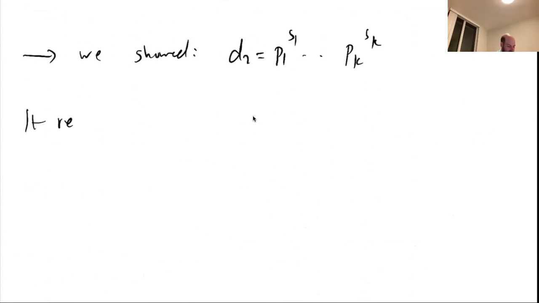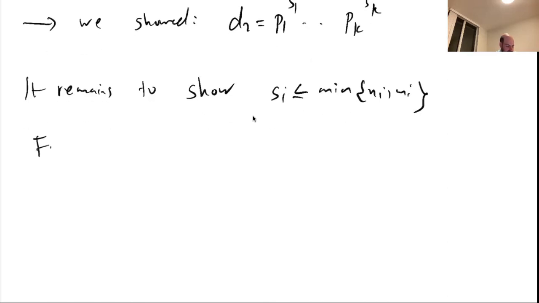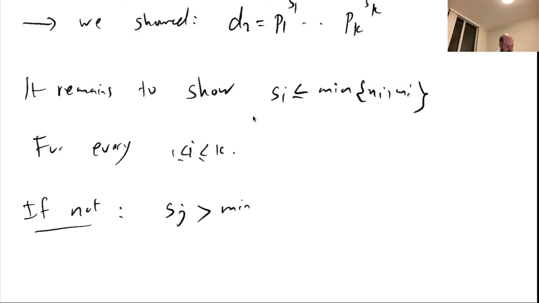It remains to show Si less than or equal to minimum of Ni, Mi for every i between 1 to k. If not, again, let's say Sj is bigger than the minimum of Nj, Mj for some j.